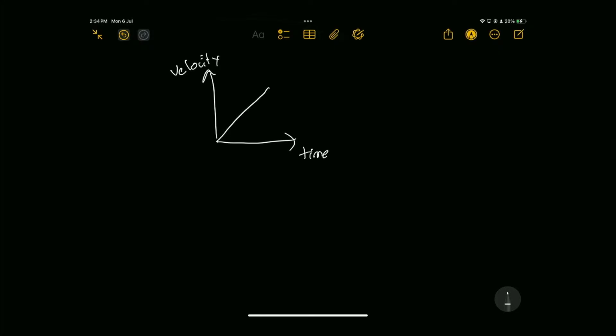It's a straight line graph, and the acceleration is the gradient, so this is constant acceleration.